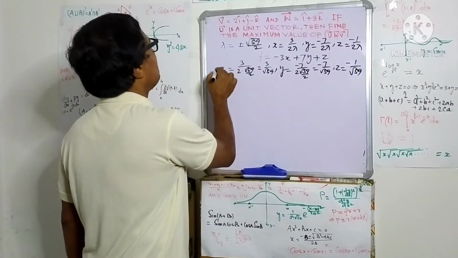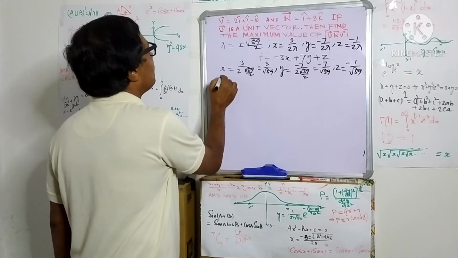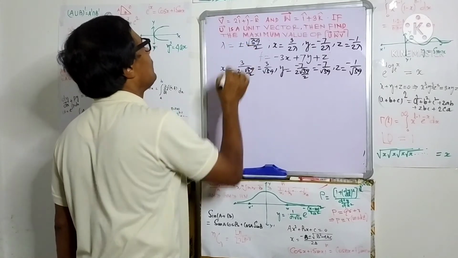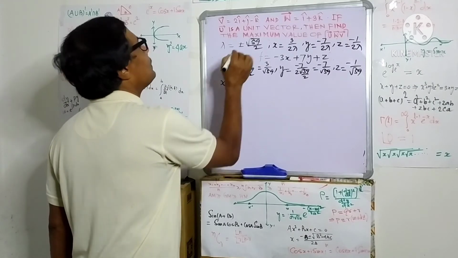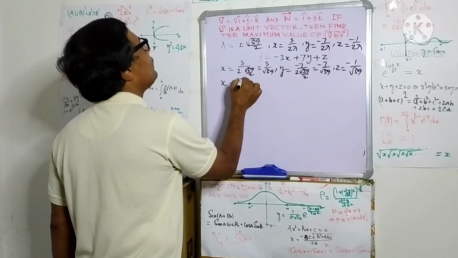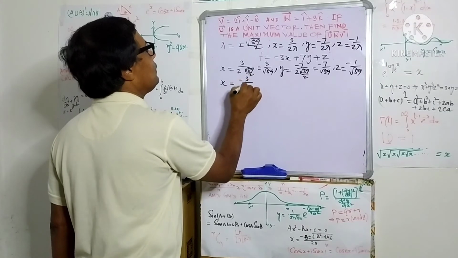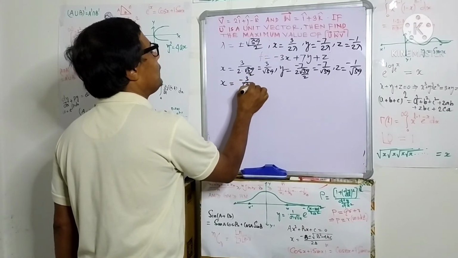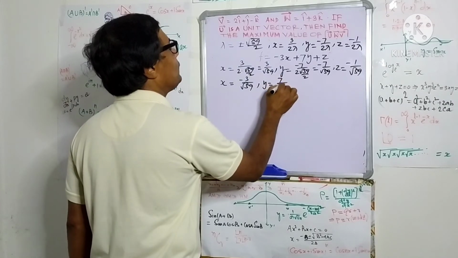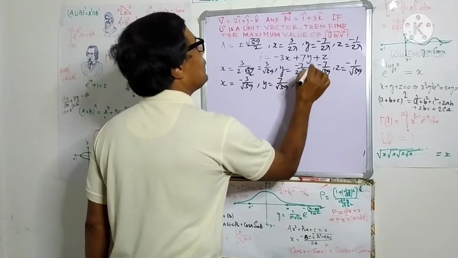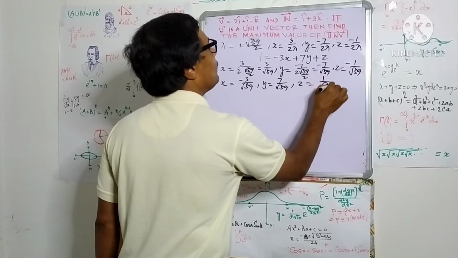And the other set, for the negative value of λ, is x = −3/root 59, y = 7/root 59, z = 1/root 59.